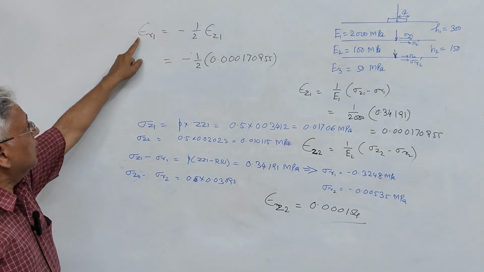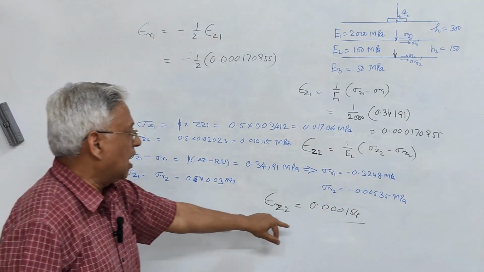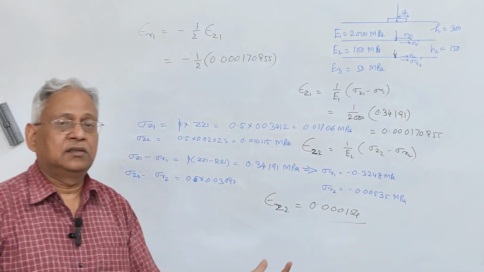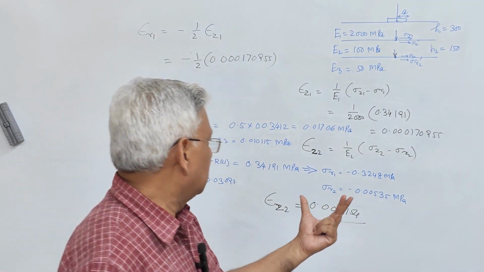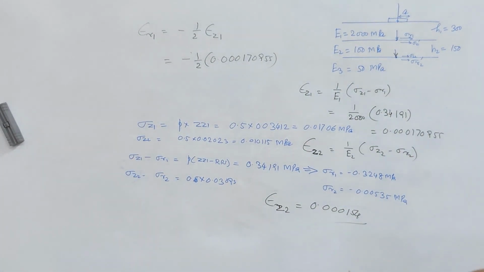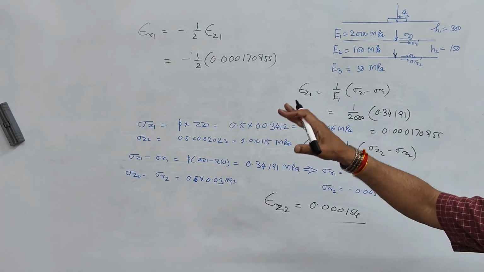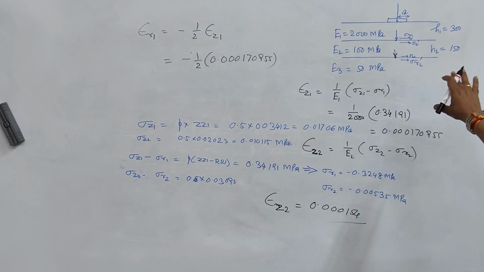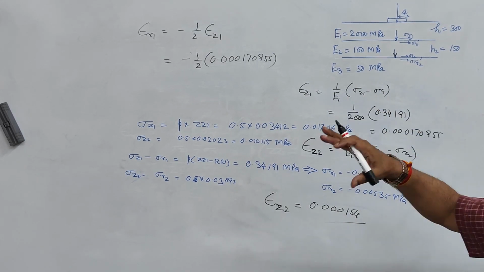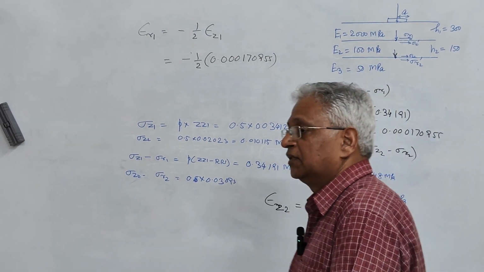And similarly, epsilon R2, radial strain at interface 2, will be half of this value, but in opposite direction. That is, this will be tensile strain. This is compressive strain, vertical. That is how you can calculate stress and strain at different interfaces of a 3-layer system using Jones table.